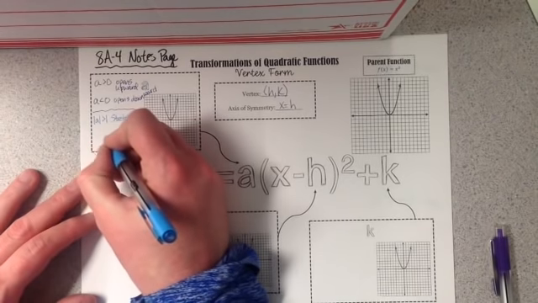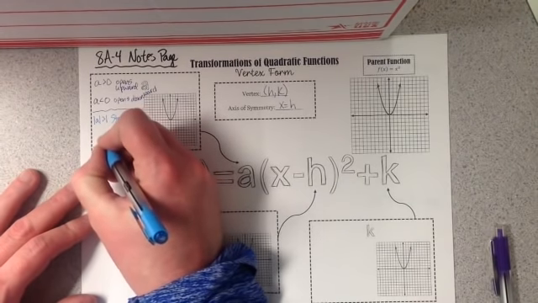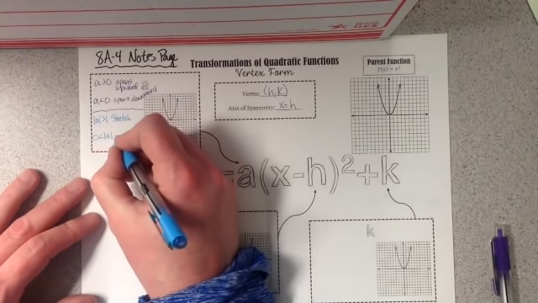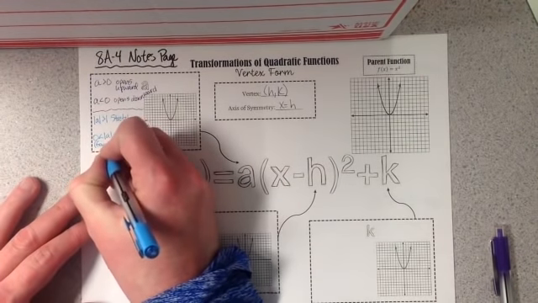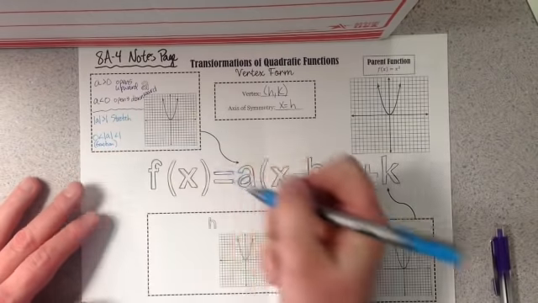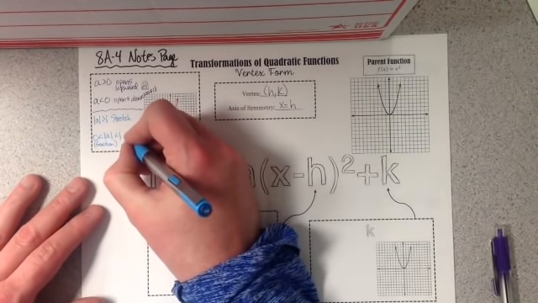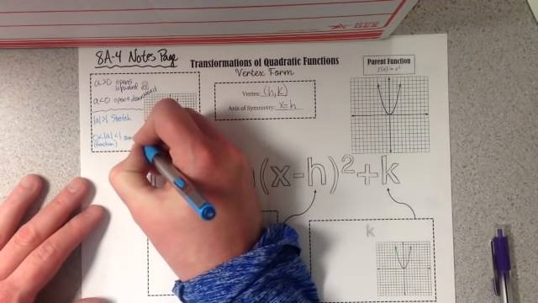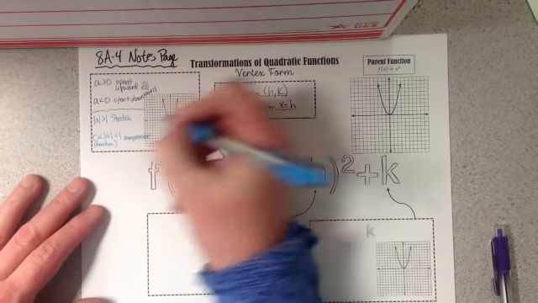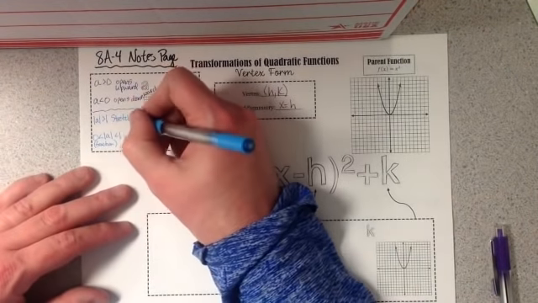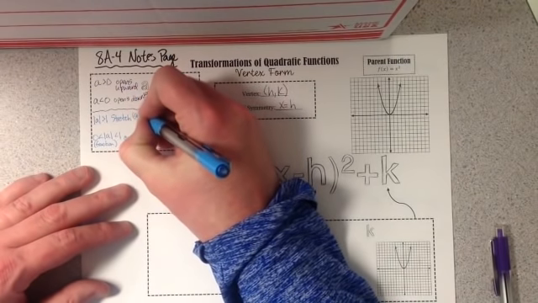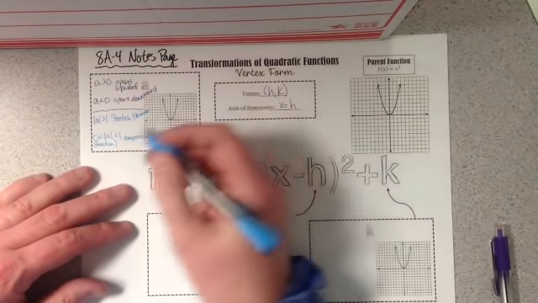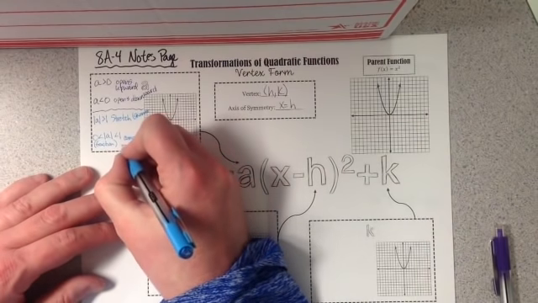Now if the absolute value of a is greater than 0 but less than 1, meaning it's a fraction, then we have a compression. Okay, and with the stretch, you might want to think it gets skinnier. And with the compression, it gets wider.